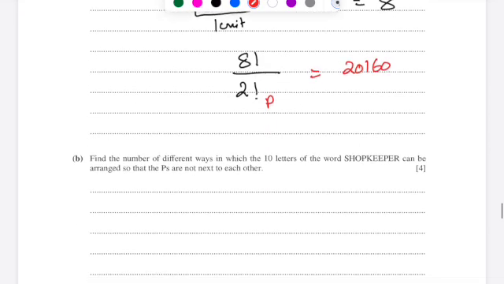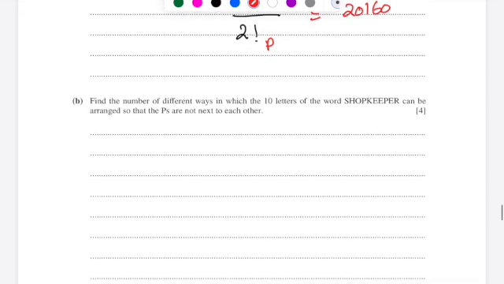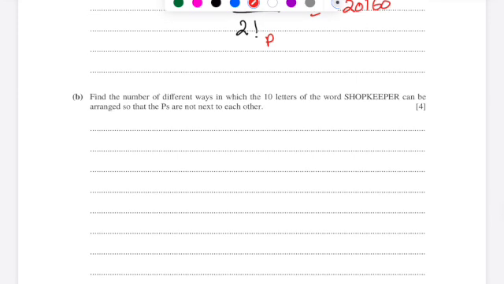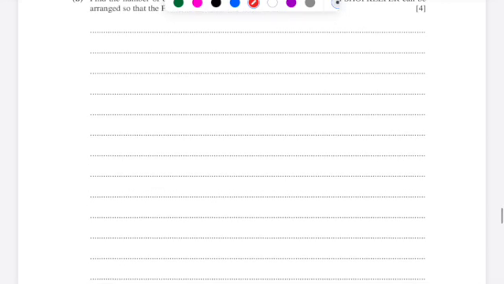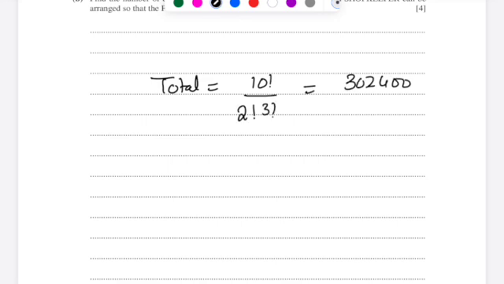Next one, find the number of different ways in which the 10-letter word can be arranged so that P's are not next to each other. So first of all, I'll find total ways. Total ways is 10 factorial by 2 factorial times 3 factorial, which is 302,400.